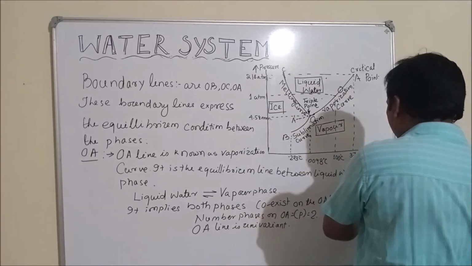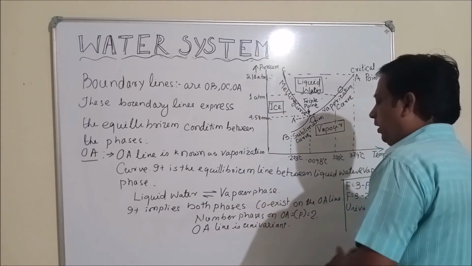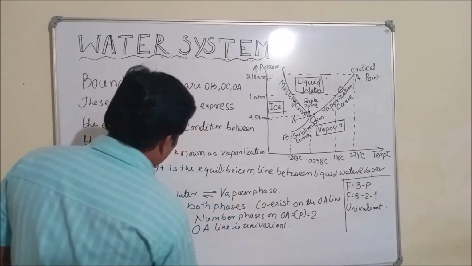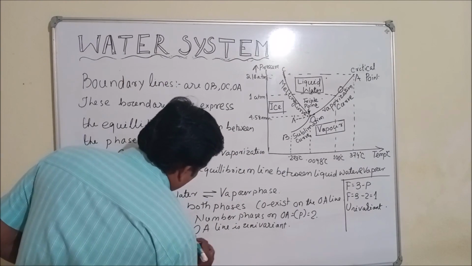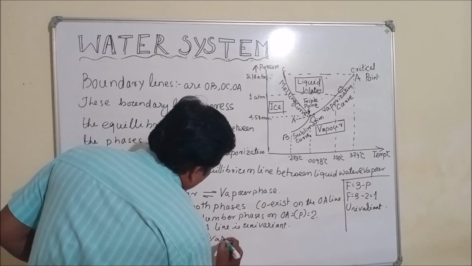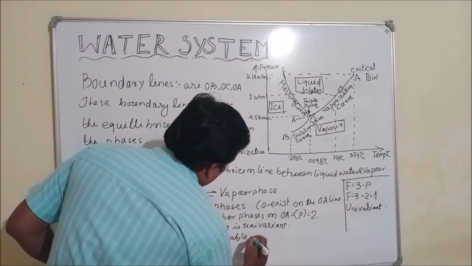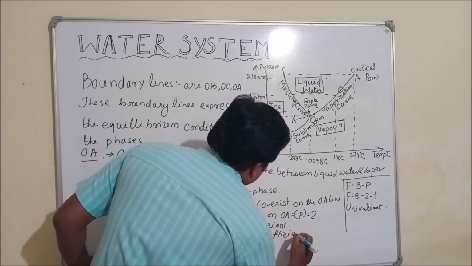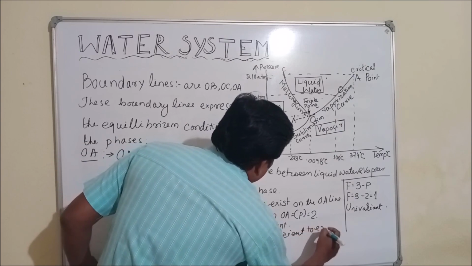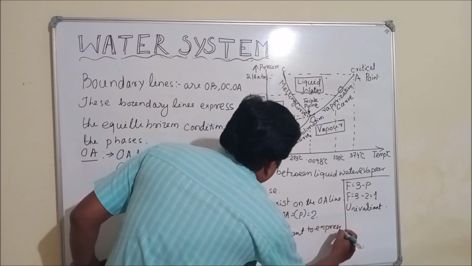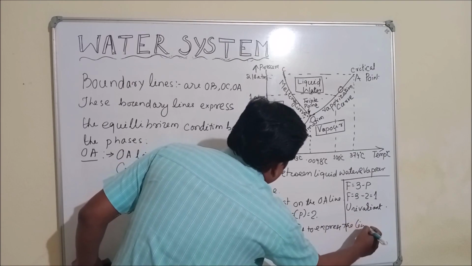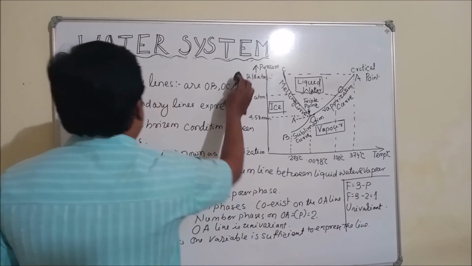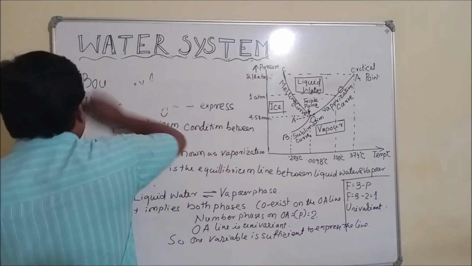Therefore, degrees of freedom will be 1 and the OA line is univariant. So one variable is sufficient to express the line.